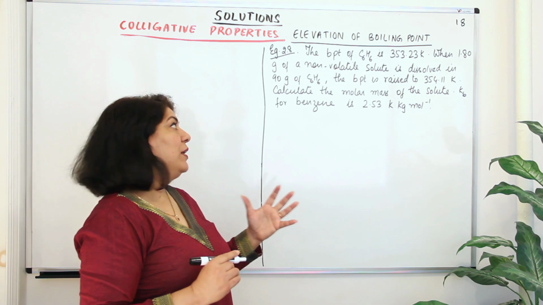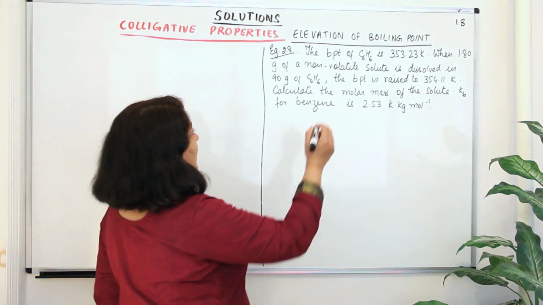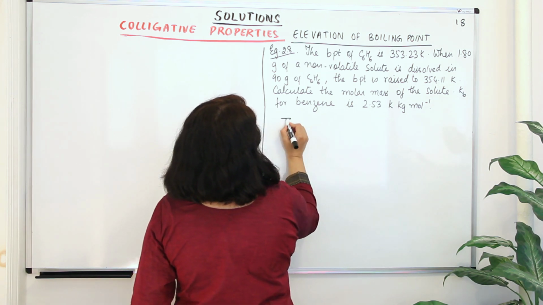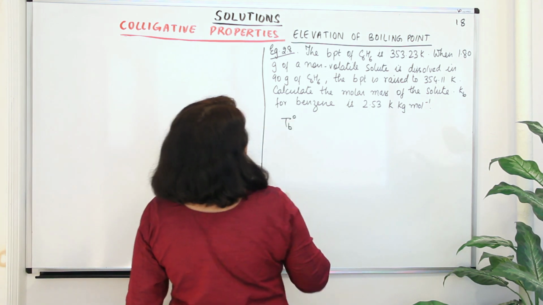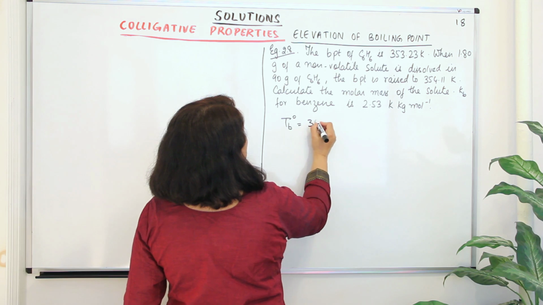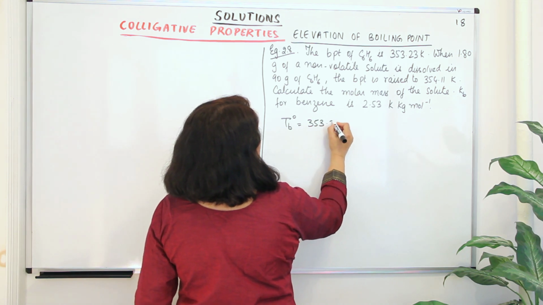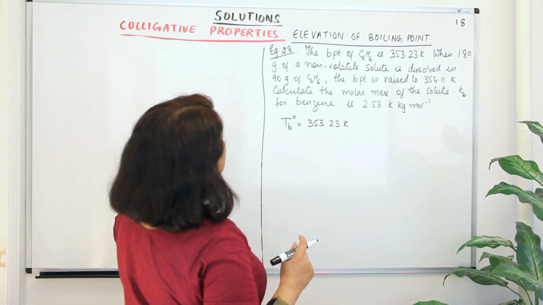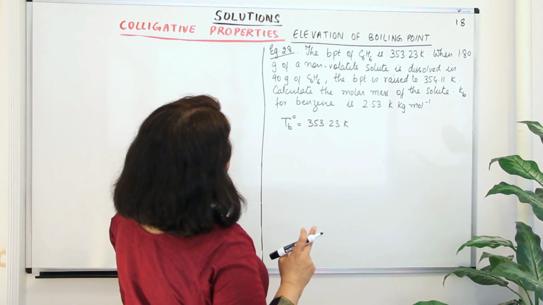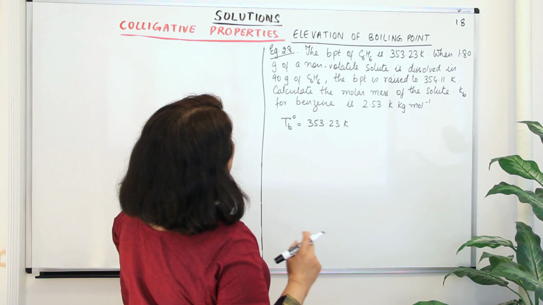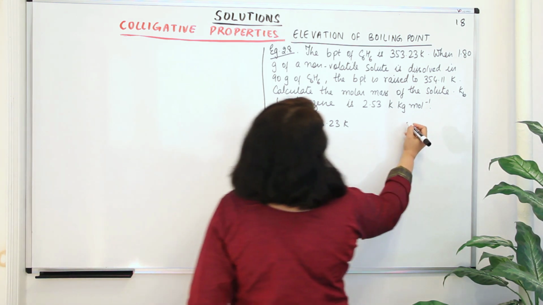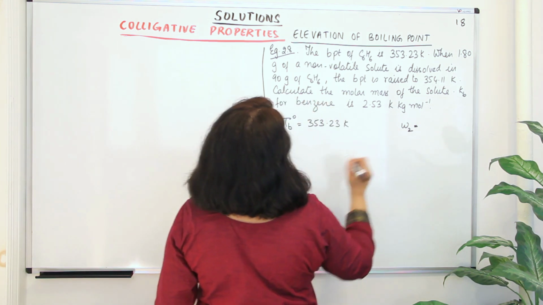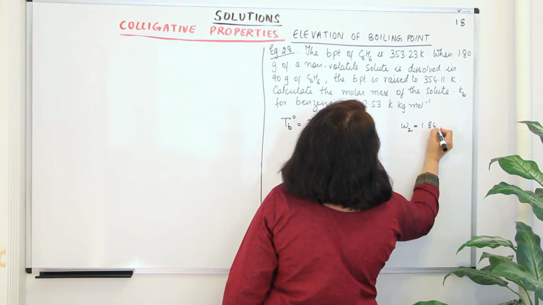So let us first write down what all is known to us. The boiling point of benzene is 353.23 Kelvin. It means in the pure form, the boiling point Tb naught is 353.23 Kelvin. And when 1.80 gram of the non-volatile solute is dissolved, solute is 2, so W2, the mass of solute, is 1.80 gram.